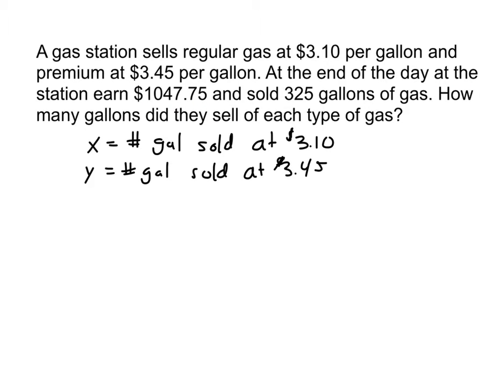At the end of the day, the station earned $1,047.75. So how much did they earn from selling the regular gas? They sold each regular gallon at 3.10, so if you multiply that by the number of gallons they sold, that's the amount they made from regular gas.